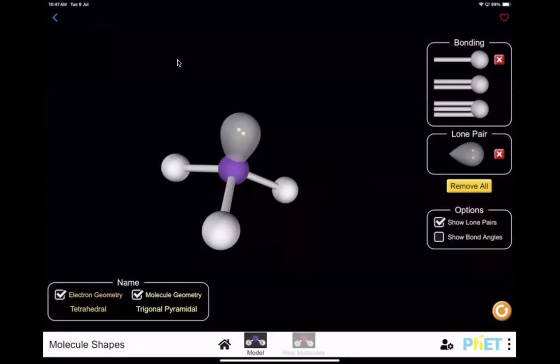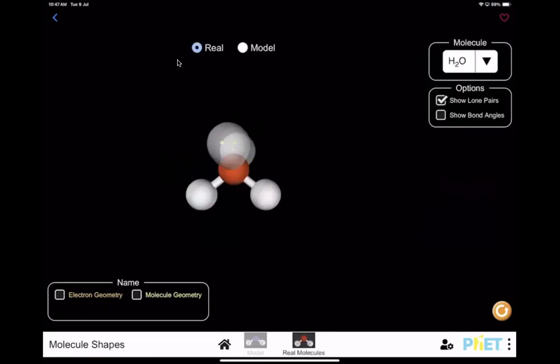Can you think of any molecule that has this orientation, having 3 bond pairs and 1 lone pair? We studied it yesterday. Ammonia. Yes, nitrogen has three bond pairs and one lone pair, right? Yes, sir. So look over here.